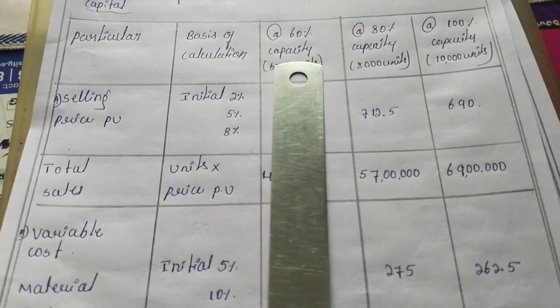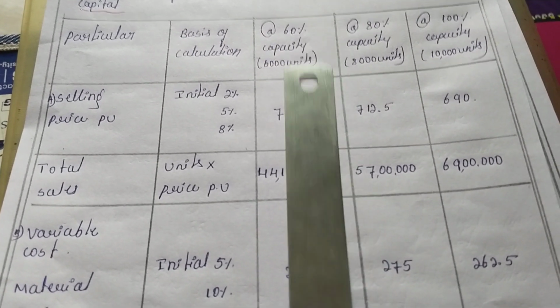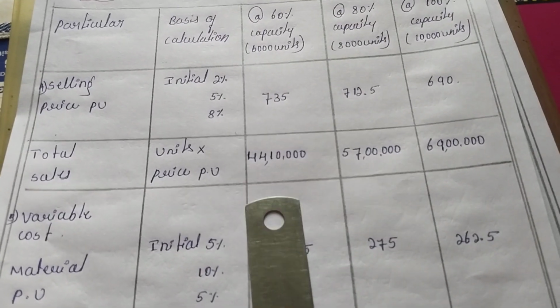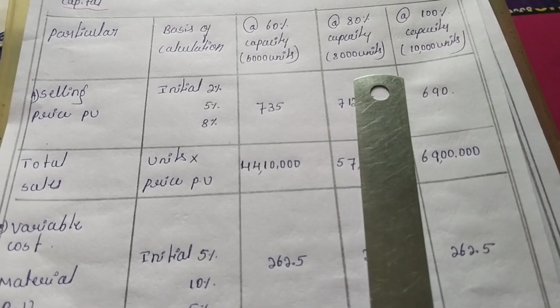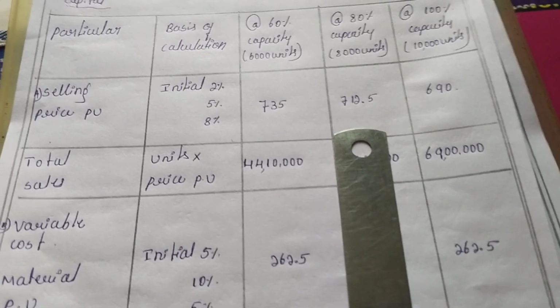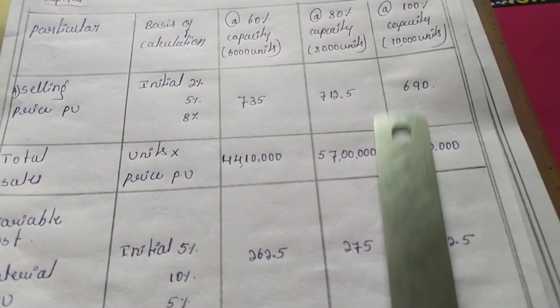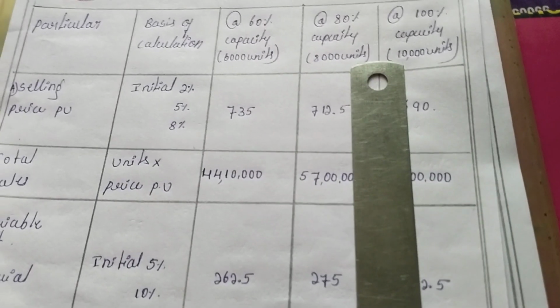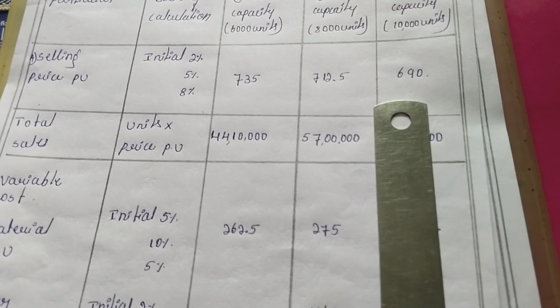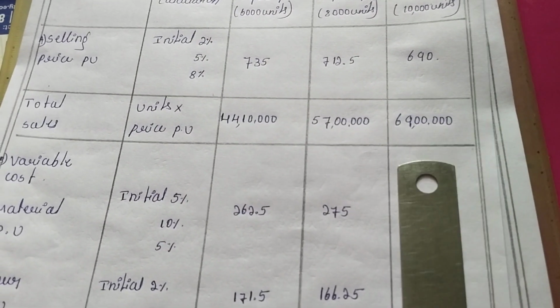At 60% capacity, 6,000 units into 735 gives 44,10,000. At 80% capacity, 8,000 units into 712.5 gives 57 lakhs. At 100% capacity, 10,000 units into 690 gives 69 lakhs.